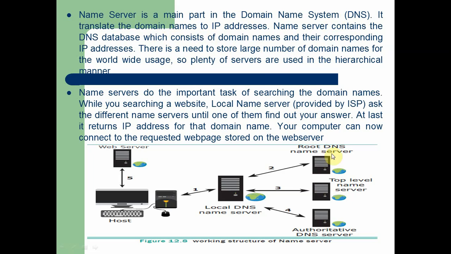For example, the root DNS name server holds all the top level domain names like org, com, gov, in, mil, which we already discussed. All the DNS names and their corresponding IP addresses are stored here in the root name server. Whenever a web page is accessed by the host, the local DNS gives the top level domain name to the root server.